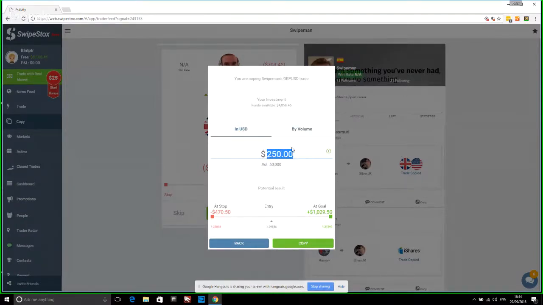In dollar terms, I wouldn't want to risk more than 1%. That equals $50. Now the app has calculated the volume and also my potential loss and potential profit. And I'm just going to go on copy.